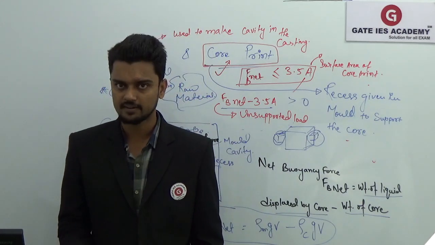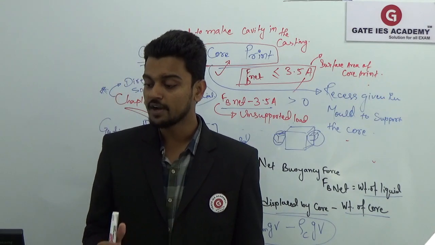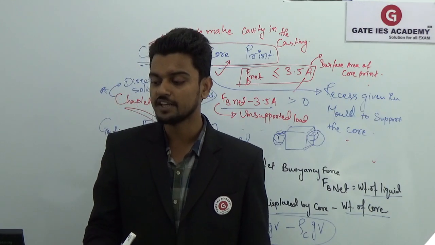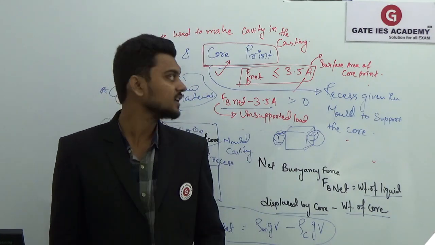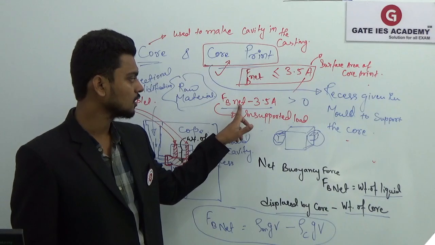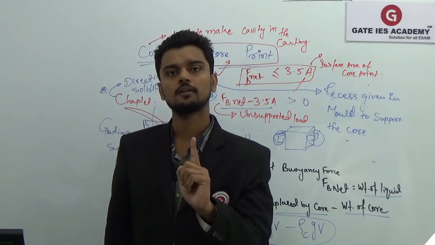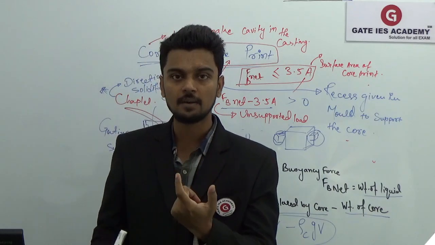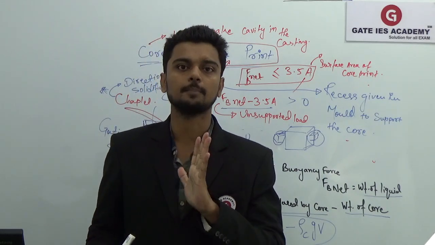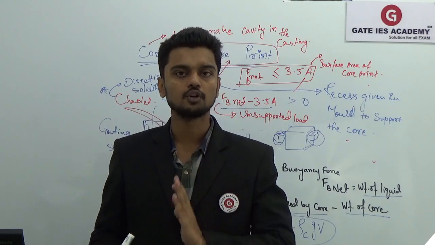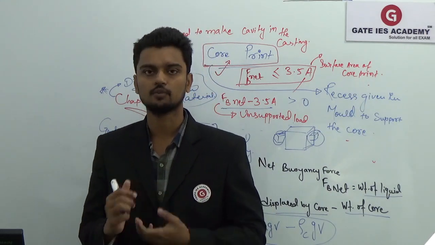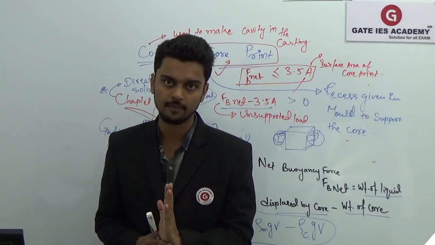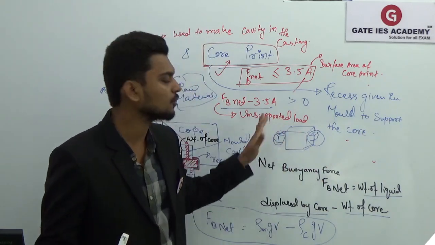Then for 1 Newton of unsupported load, 29 mm square cross-sectional area of the chaplet must be used. We discussed what that unsupported load is. So for 1 Newton of unsupported load, we have to give 29 mm square cross-sectional area of the chaplet. For 2 Newton, we use 2 into 29. For 3, 3 into 29. That much cross-sectional area your chaplet should have to support the unsupported load.